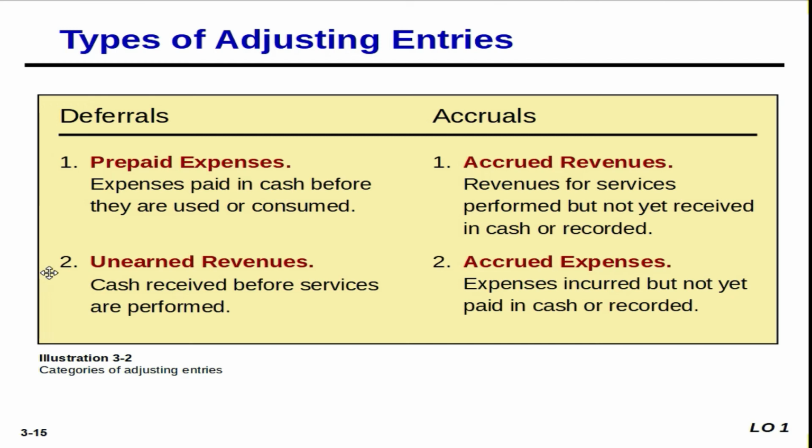I'm lazy, so I don't deliver this paper to you right away. I say, well, I need a little bit more time because I have so many other cheaters out there. So I can't recognize that $10 as revenue quite yet, even though I received the cash.